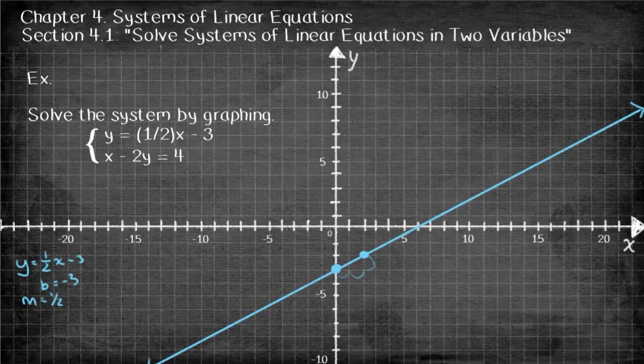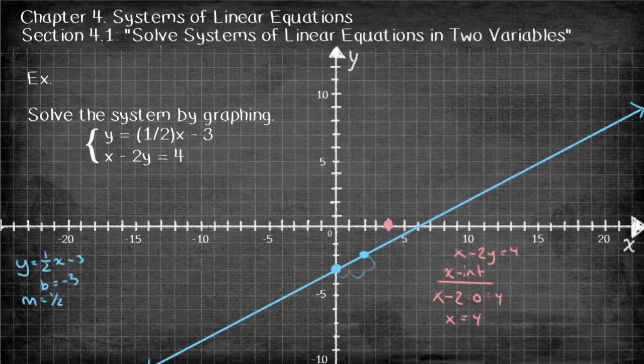For the second one, I'm going to do the x and y intercepts again. So the x-intercept is when y is equal to 0. So x equals 4 is my x-intercept.